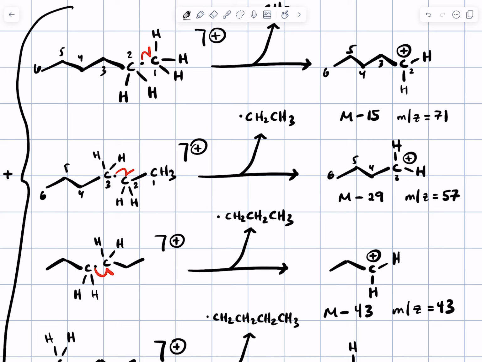Again, you can go back if you want and do the math to calculate what the numbers should be. But the idea is that we're progressively losing, depending on which electron was ejected from this molecule, we can then fragment the molecule into two pieces. One that's a radical that's mass spec invisible that we don't see, another that's positively charged that we do see.